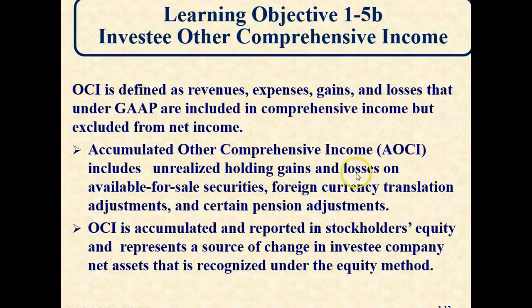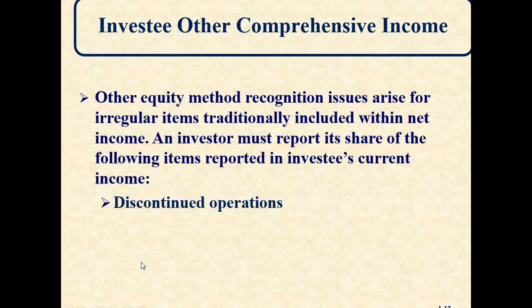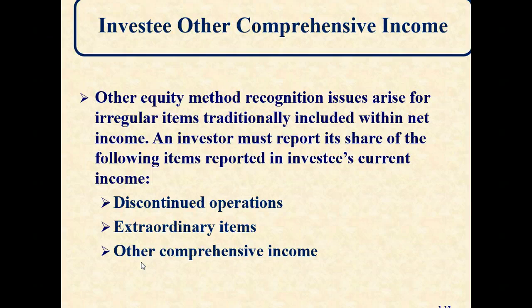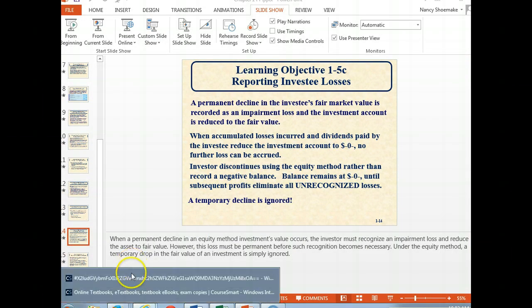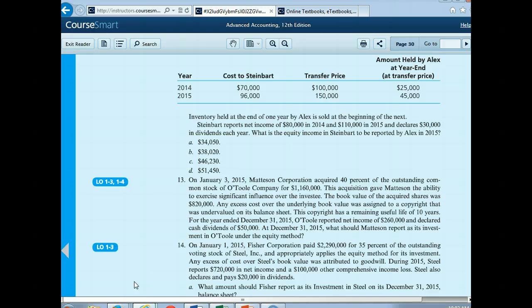So we need to look at how we will take into account any other comprehensive income that an investee will show, and how that will affect our reporting. We're just mainly going to look at how we add this new piece to our situation.